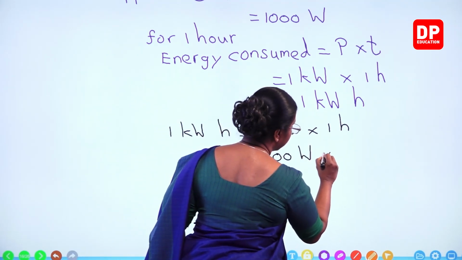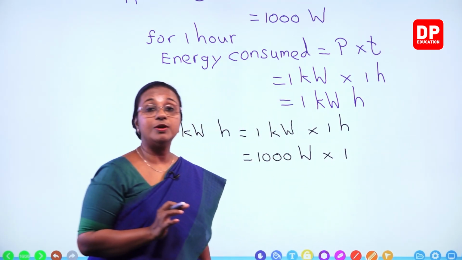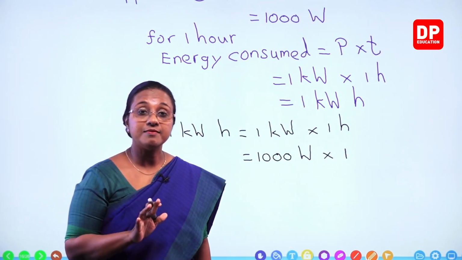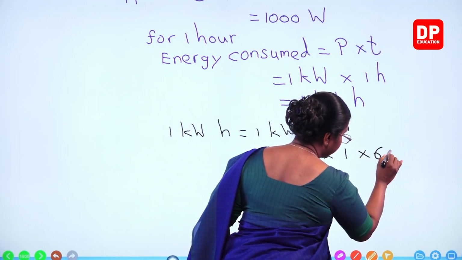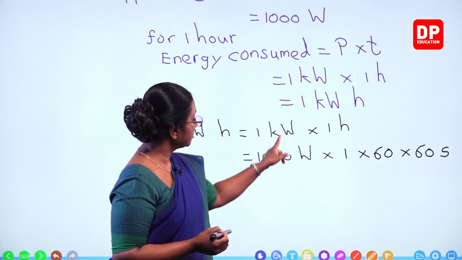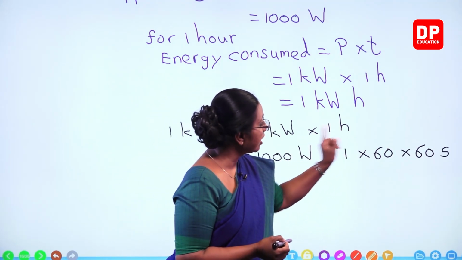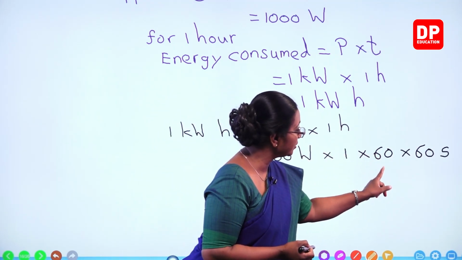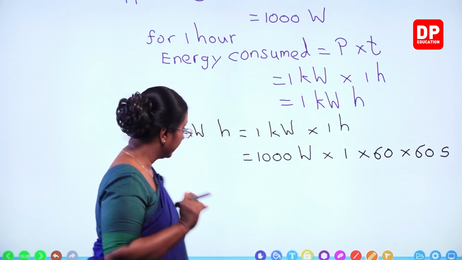So, 1 hour is equal to how many seconds? 1 hour has 60 minutes, so you multiply by 60. And each minute has 60 seconds, so you need to multiply by another 60. So, 1000 watts equals 1 kilowatt, and instead of 1 hour, we have 60 into 60 seconds. That is how we convert.